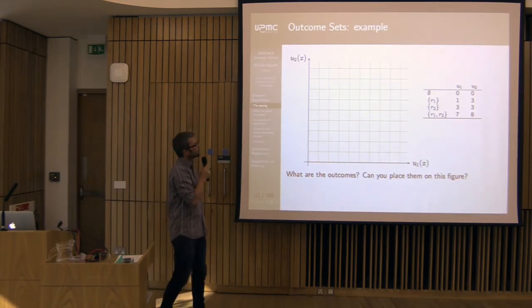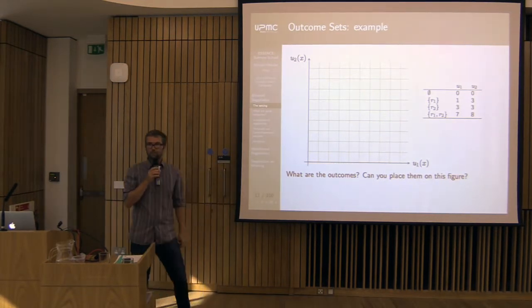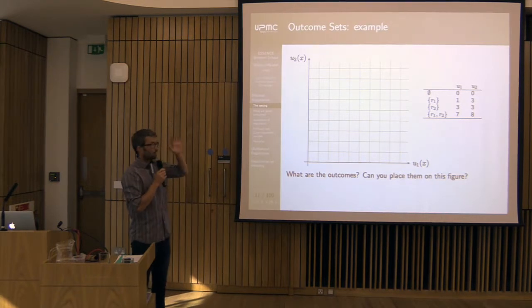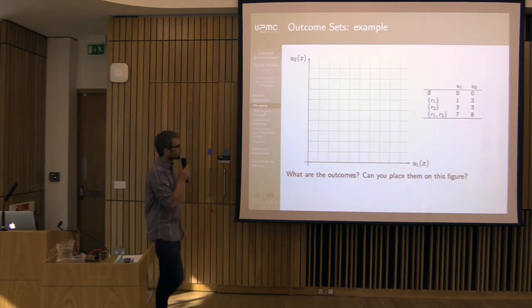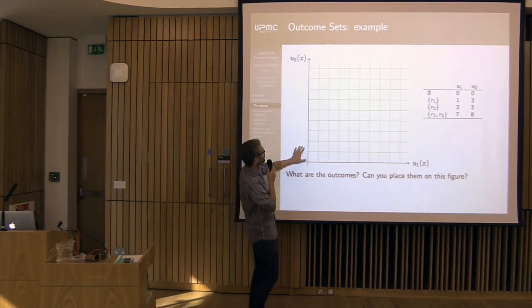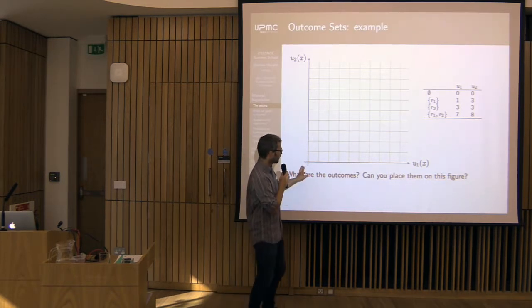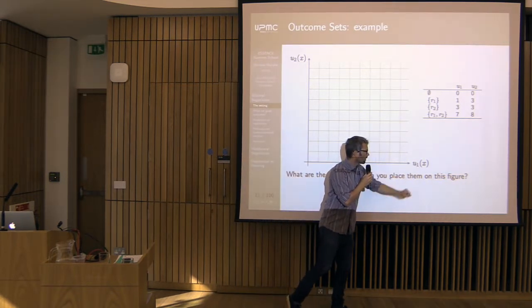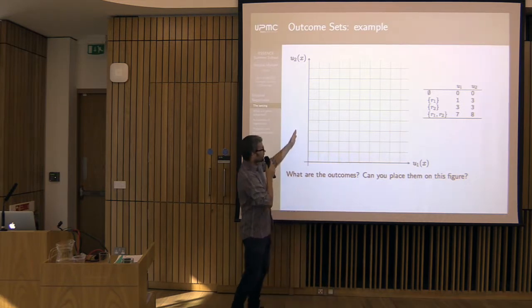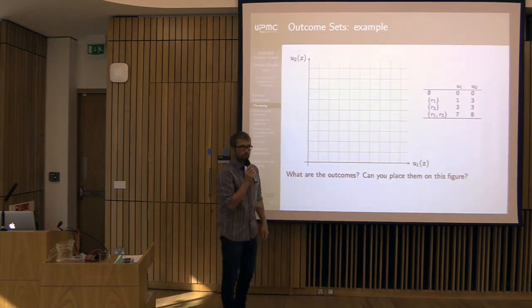Okay, so it's usually useful to represent outcomes on a diagram like this, where you have the utility function of two agents. This is agent 1, okay? This is the utility of agent 2.